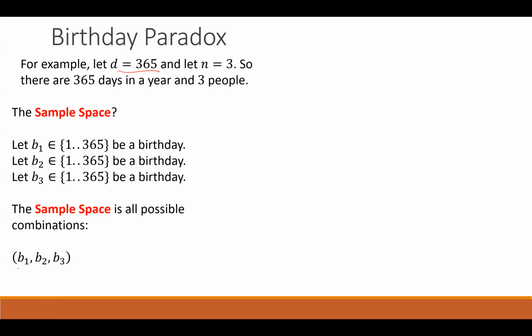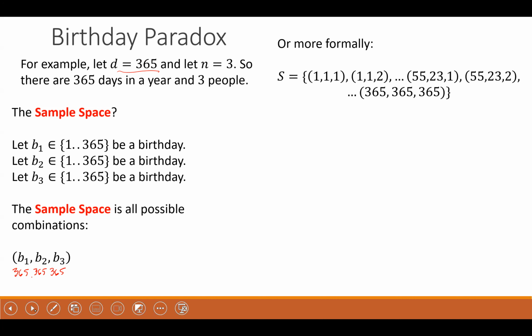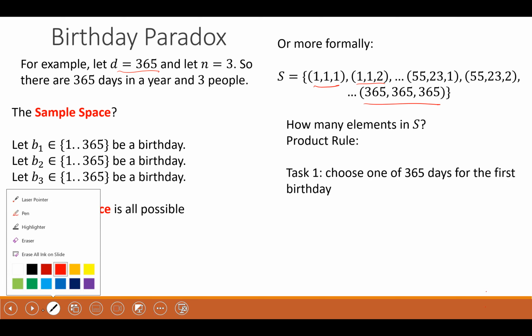So I have 365 choices for B1, 365 choices for B2, and 365 choices for B3. If I listed them all out, I would have 1 1 1, 1 1 2, all the way up to 365, 365, 365. But to count them, of course, I just use the product rule.